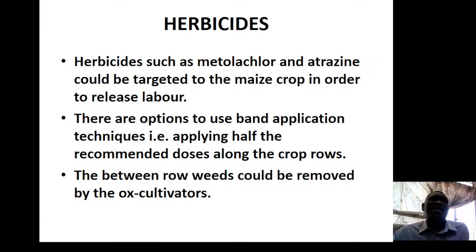So we've got herbicides such as metolachlor and atrazine, which should be targeted to the maize crop. They can release labor, but there are a number of herbicides which are now available. So there are options to use band application techniques, where you apply half the recommended dose along the crop rows. The between row weeds could be removed by ox cultivators or mechanical means.